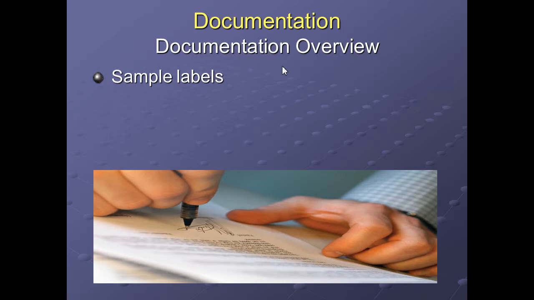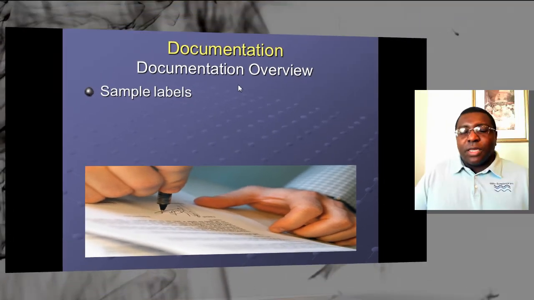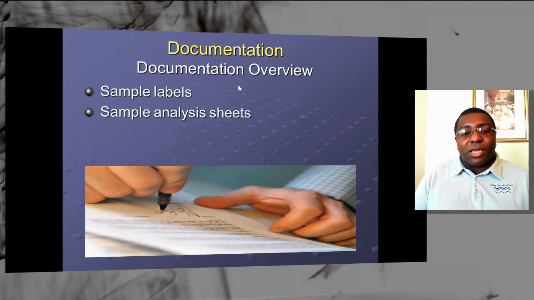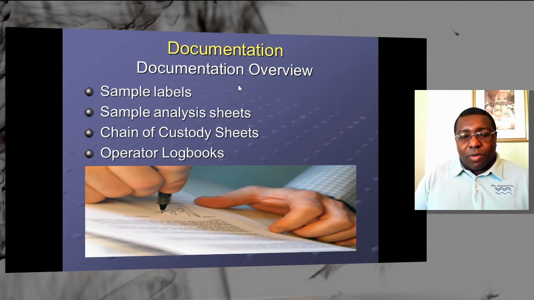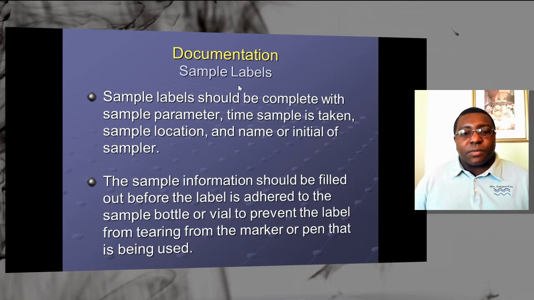So your sampling labels, when you get your bottles and you're ready to have those sampled, you should know exactly what they are. So you need the sampling labels. We'll go over your sampling analysis sheets, chain of custody, which is very important, and then also the operator logbooks. So that's all that'll be included in this documentation portion.